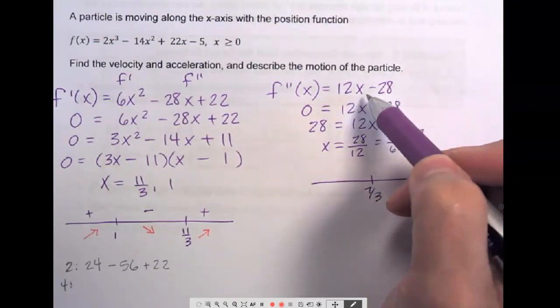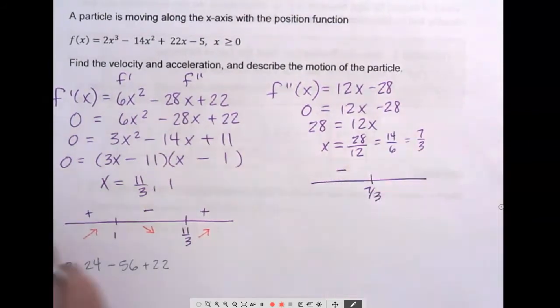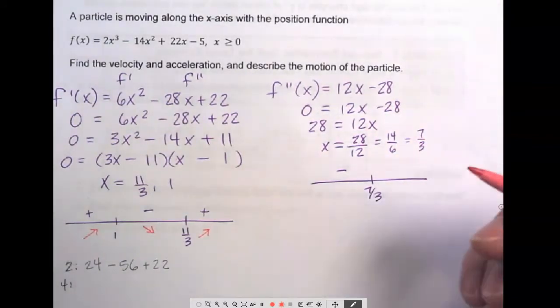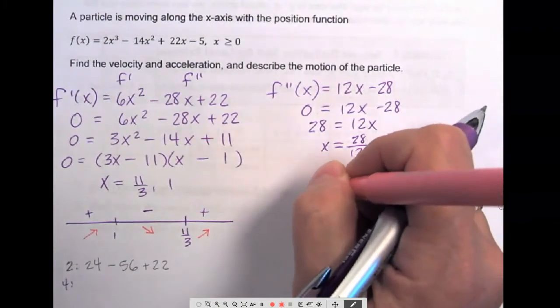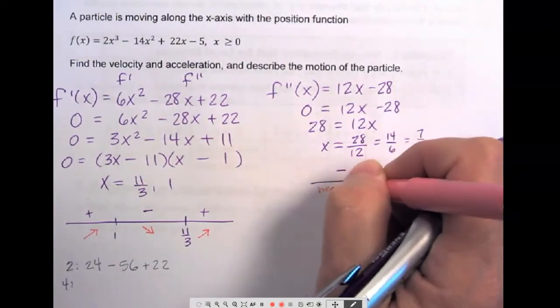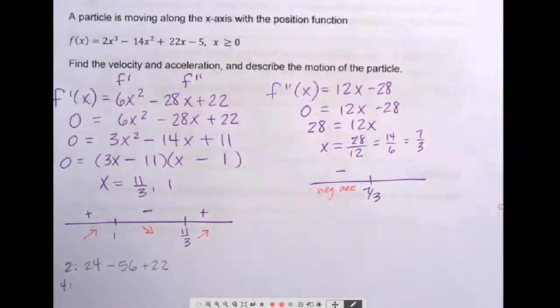Positive or negative? Negative. Now if I were graphing a function, I would say it's concave down, but this is negative acceleration. I'm just going to write negative acceleration. But if I were just graphing a function, it would mean concave down.